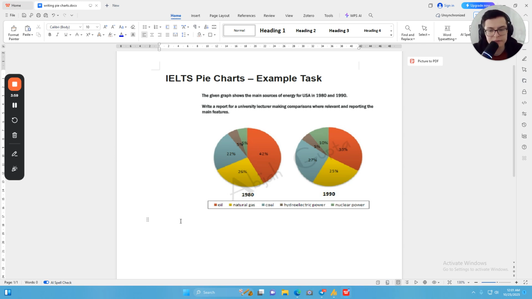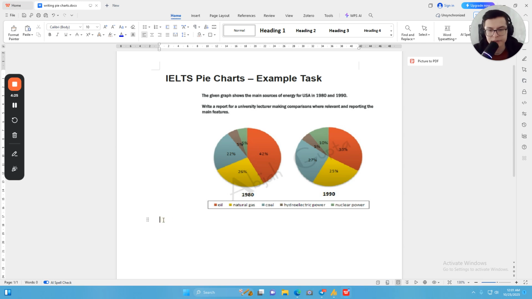So as the introductory part, you have to paraphrase the question, but as long as you are aiming for the higher mark, you need to actually add an extra detail, basically relying on how you interpret the data as looking at these two pie charts.